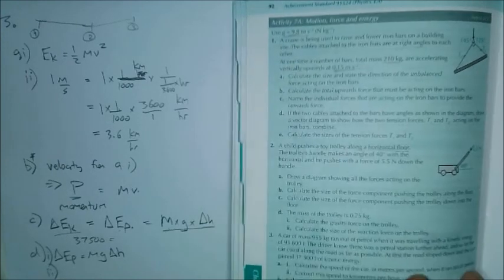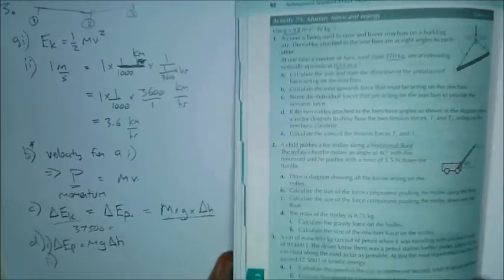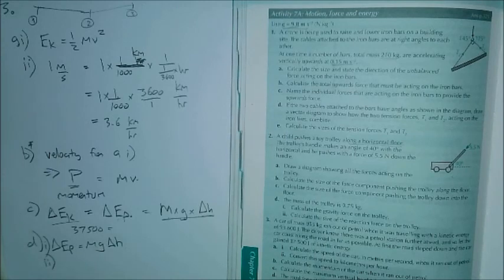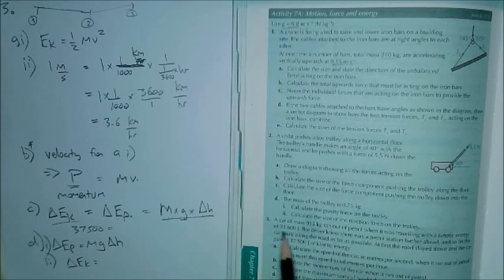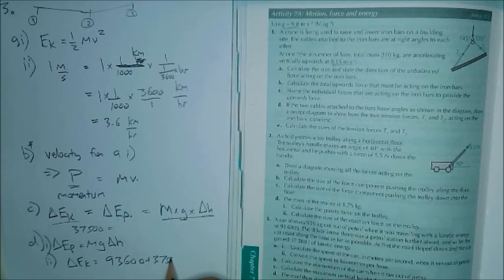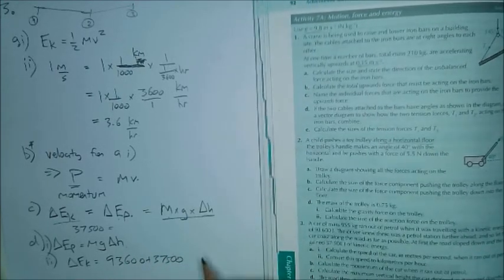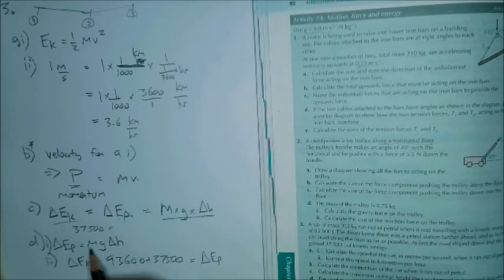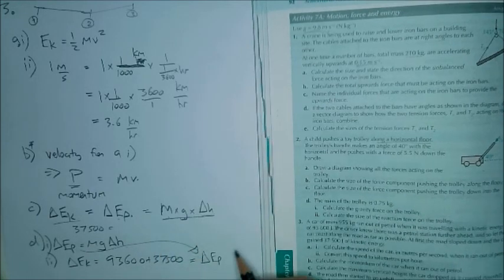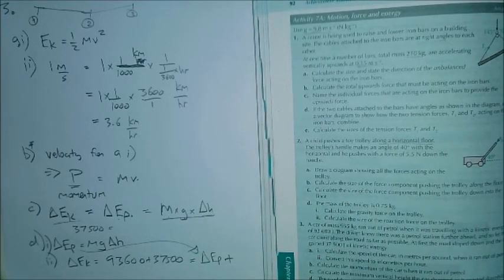energy that has been lost from the car, lost from its kinetic energy and converted into gravitational potential energy. But we also know its total change in EK equals, and we're given two values, 93,600 plus 37,500, and that equals this new change in EP from here, plus whatever it is that's been lost in friction.